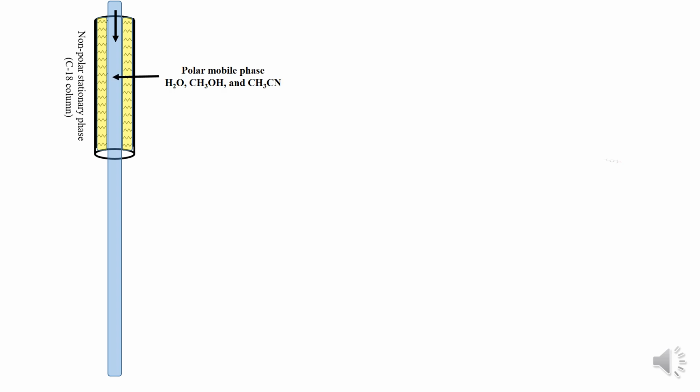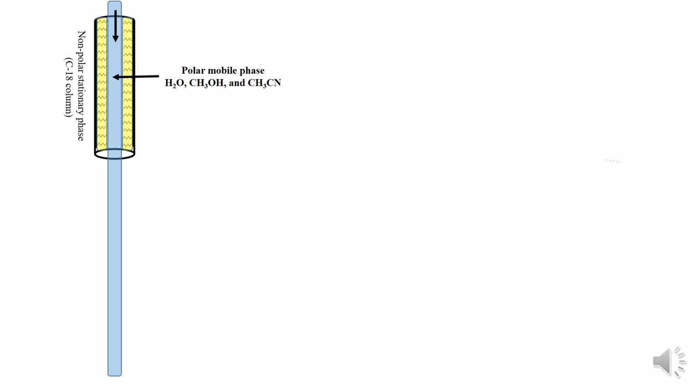Now for the current separation, we are making use of a C18 column with a non-polar stationary phase. The mobile phase flows through the column at high pressure, and when the sample is injected via the multiport valve, the components of the sample mixture flow to the column along with the mobile phase.